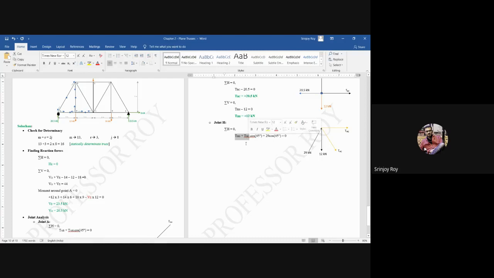What is the equation by the way? It is equal to minus 11. How much is cos 45? 1 by root 2 is how much? 0.707. So I'm writing 0.707.